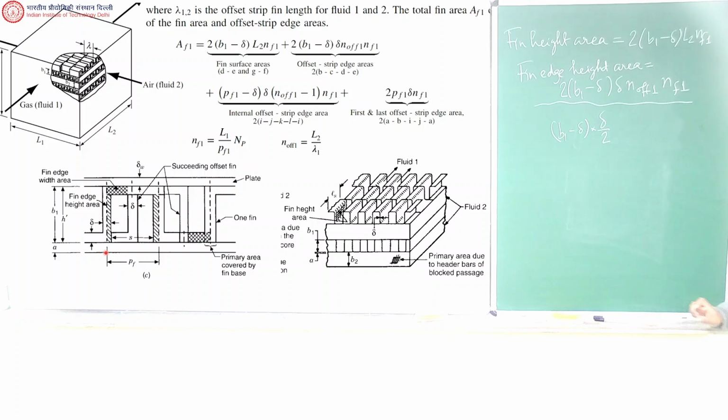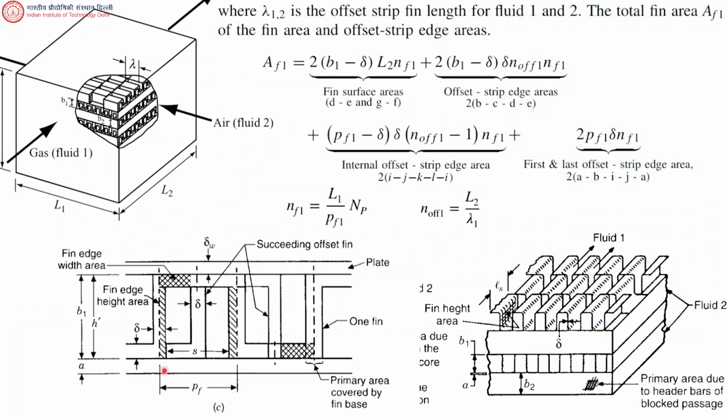Before we go any further, what is one fin? One fin is actually this thing. That is one fin. This I explained in the previous class on Friday. In this fin at the top you have delta, but here it's delta by 2. So this area is (B1 minus delta) times delta by 2.